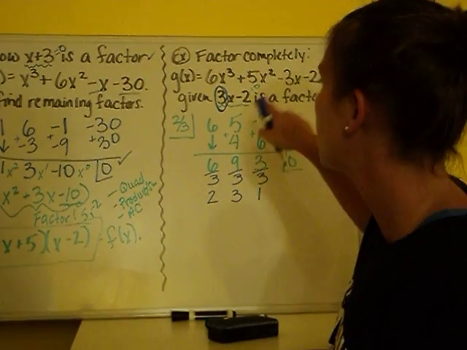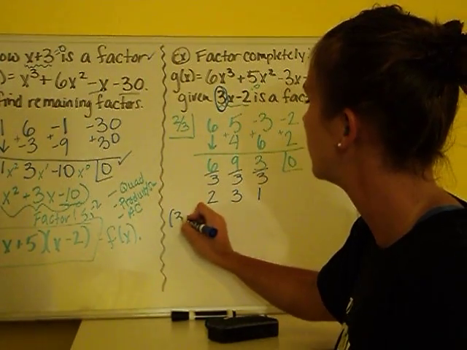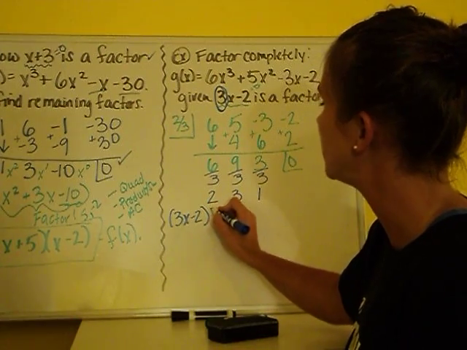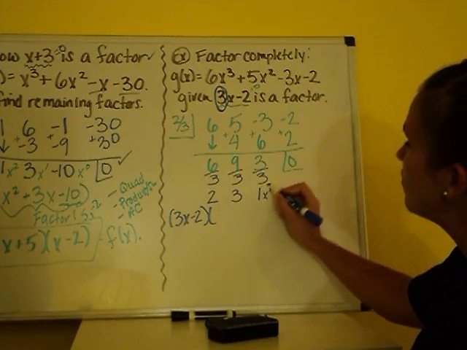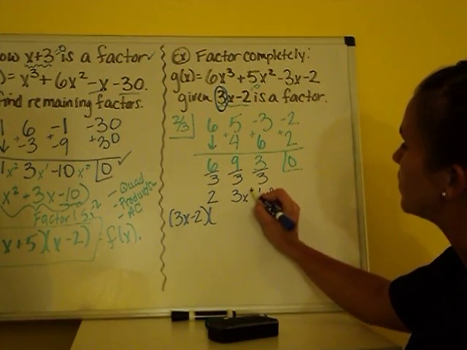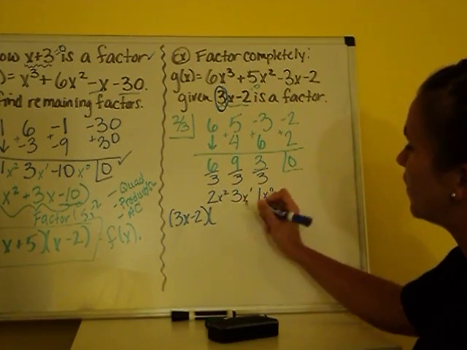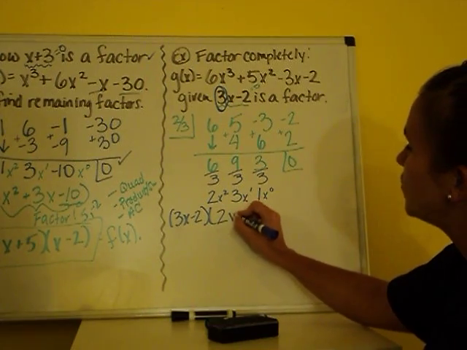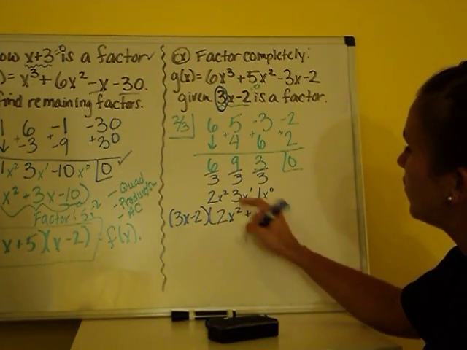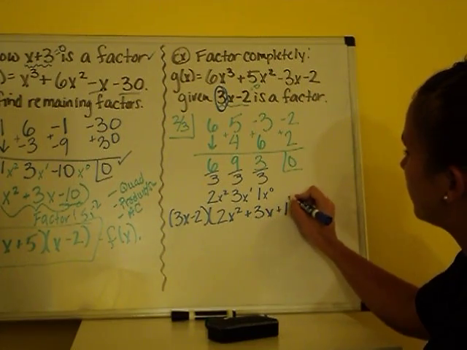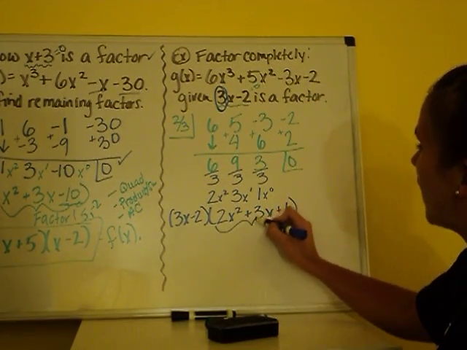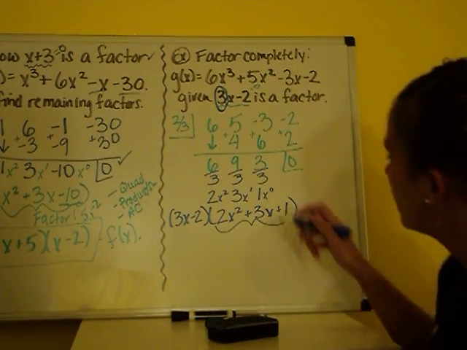Okay? So right now I know that 3x minus 2 is a factor. Okay, here, this is my x to the 0, this is my x to the first, and this is my x squared. So I'm going to have a positive 2x squared plus a positive 3x plus a positive 1. Okay? So now I have to factor this guy.